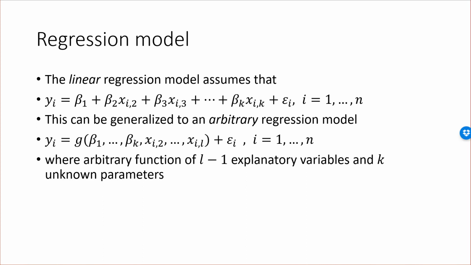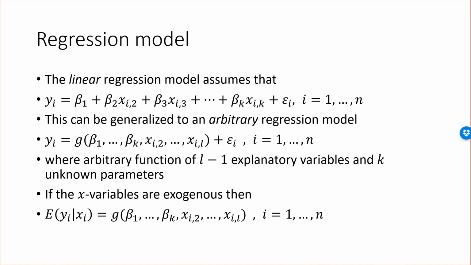One important issue will still be true in this general model, and that is what happens when the explanatory variables are exogenous. And that's simply because we can take the conditional expectation of both sides. On the left hand side, I will then get expected value of yi conditional on xi. On the right hand side, if we do this conditionally on all the x variables, the g function will be non-random.